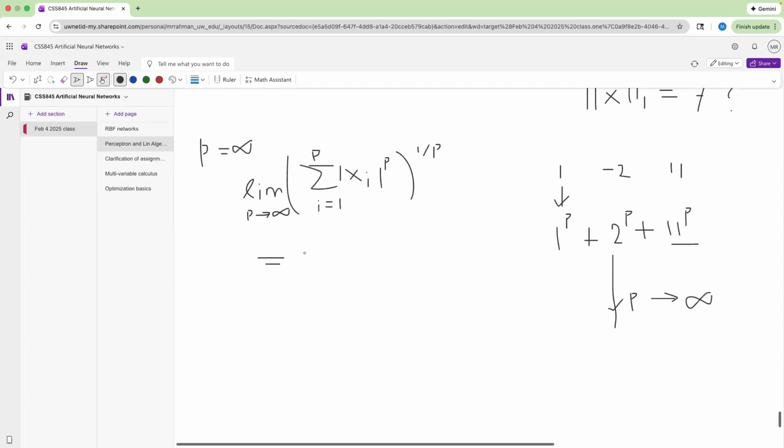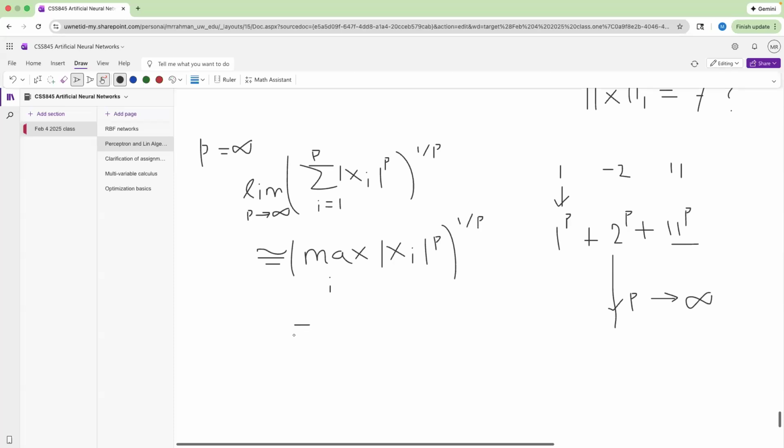So in the limit, this becomes what? You just take the max over all these i's, and you consider that this is equivalent to this to the power P, and then you have a 1 by P over here.